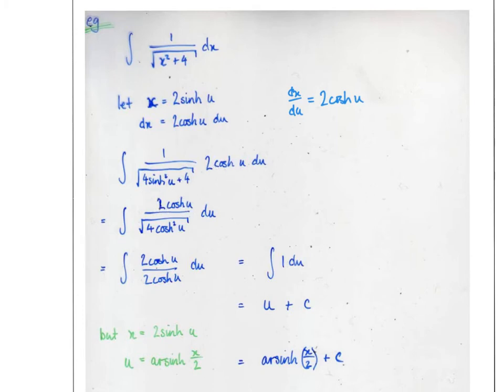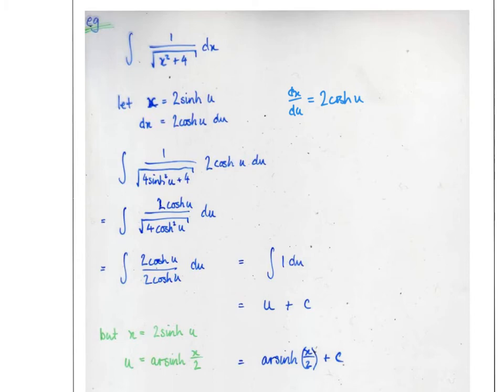In here, we know that sine squared plus 1 is equal to cos squared, so 4 sine squared plus 4 is equal to 4 cos squared u. That's where this substitution earns its money, because when we take the square root of this, that's 2 cos u. And cos u divided by cos u is just 1. Dead easy. And so when we integrate 1 with respect to u, we get u plus c.